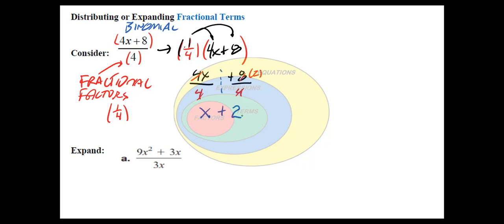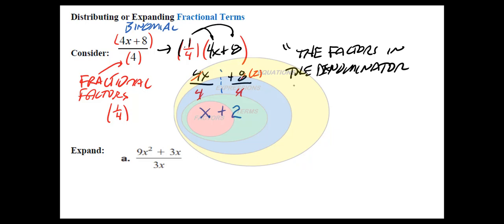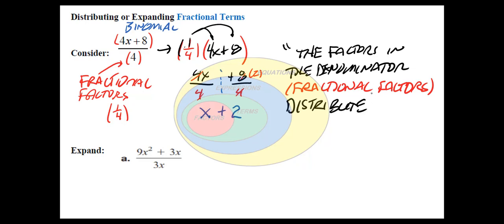So in a sense, what happens is the factors in the denominator, what I like to call fractional factors, basically distribute term by term through the numerator.